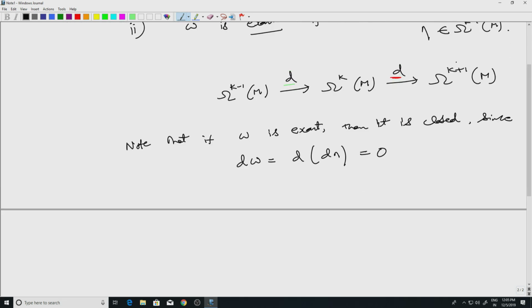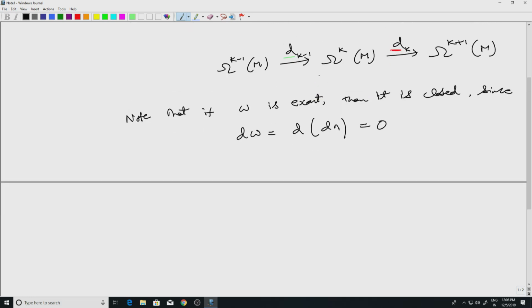In fact, let's give this for my next point. I'll give the sum index, right, so d k and d k minus 1. So what I've written here, that omega exact implies closed, amounts to saying that the image of this map d k minus 1 is contained in the kernel of d k.